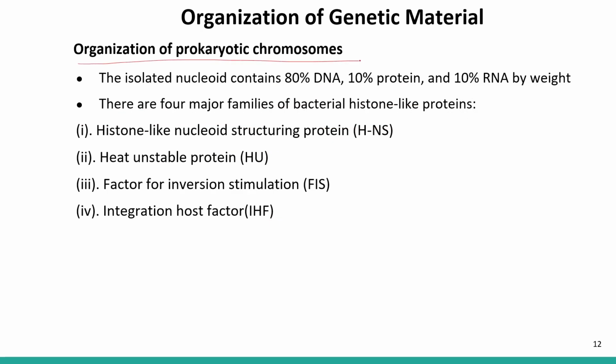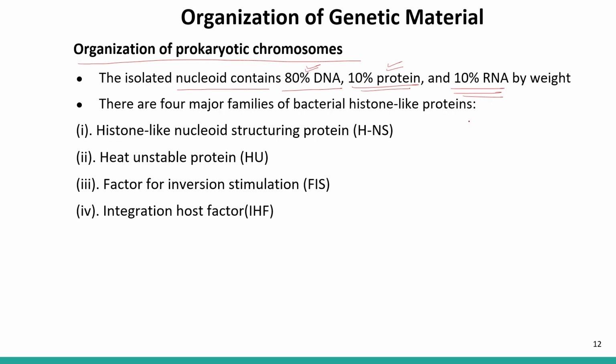Organization of the prokaryotic chromosome: what are the things that are involved in the nucleoid structure? The isolated nucleoid contains 80% DNA, 10% protein and 10% RNA by weight.